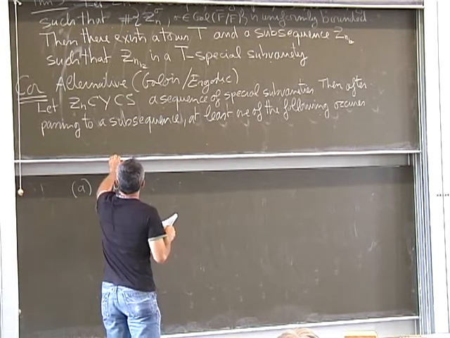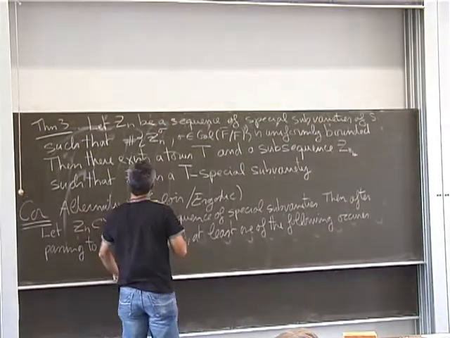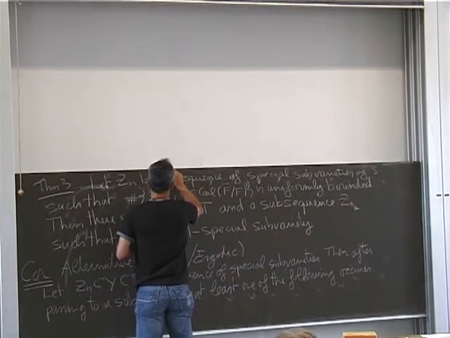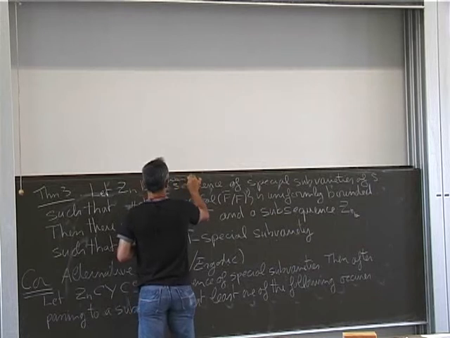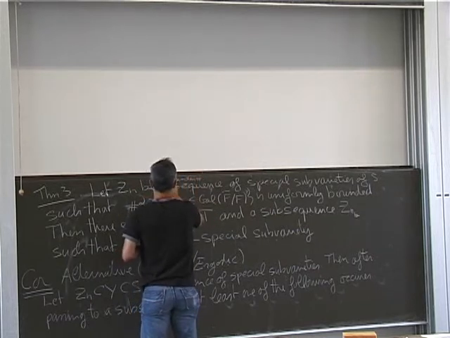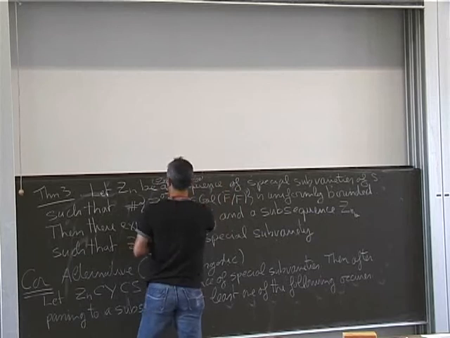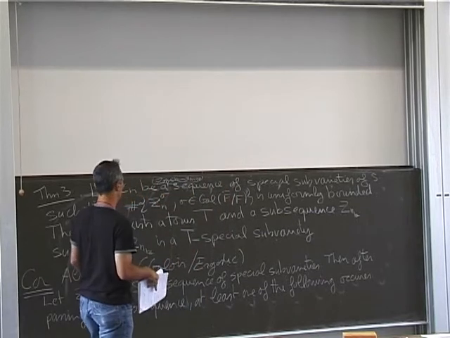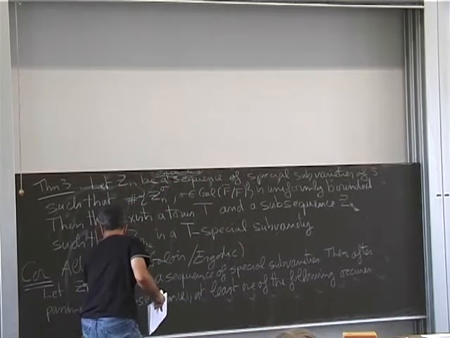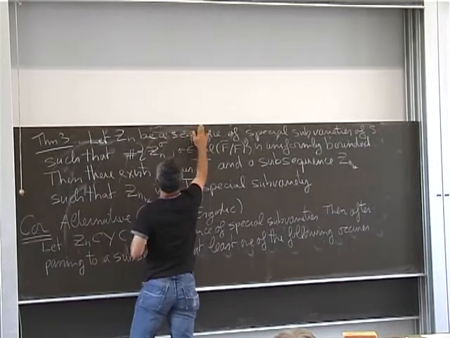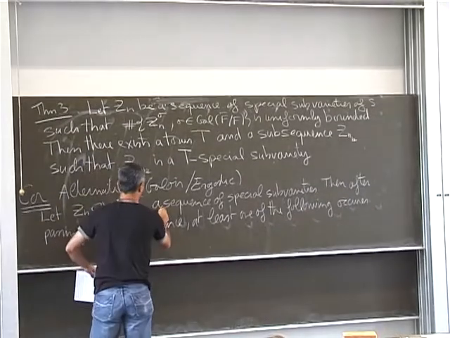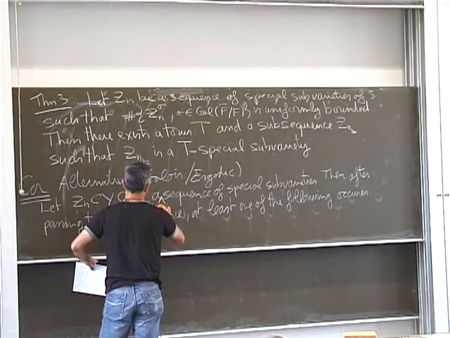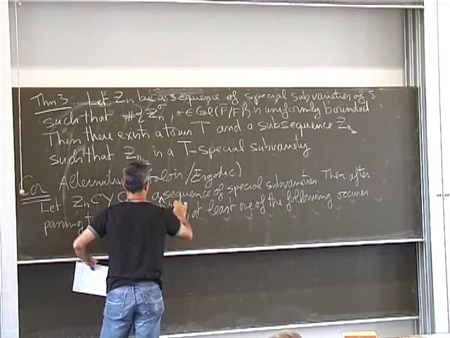So I should say here, let Z_n be a Zariski dense sequence in Y. Sorry, it's here. I'm confused. So here, this is Zariski dense in Y.